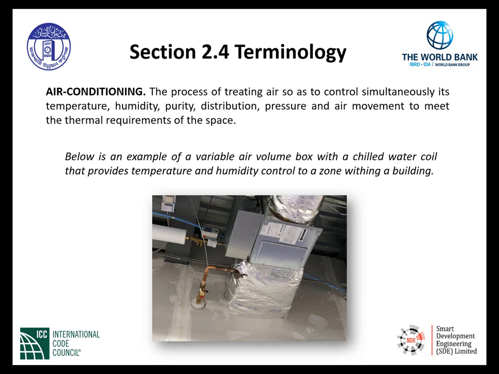Below is an example of a variable air volume box with a chilled water coil that provides temperature and humidity control to a zone within a building. It also provides the distribution, pressure, and air movement along with the temperature and the humidity to condition the space that it supplies.